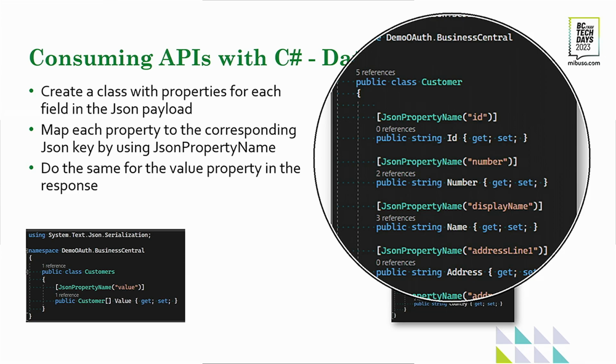You don't have to deal with the JSON like we do in AL, where you have to read every single property in JSON. That's not necessary. It's doing that for us automatically. But when we do a GET on a list of records, on a collection, that returns not a single object, but an array of objects.